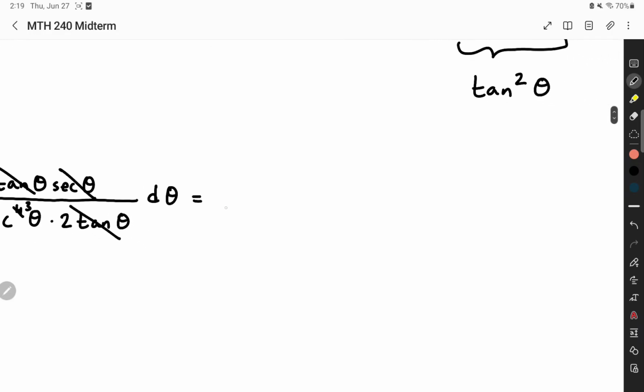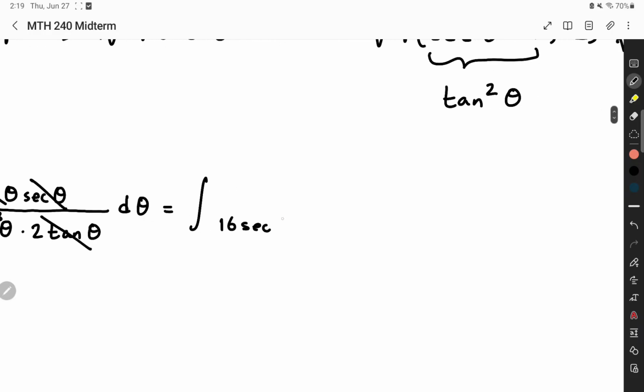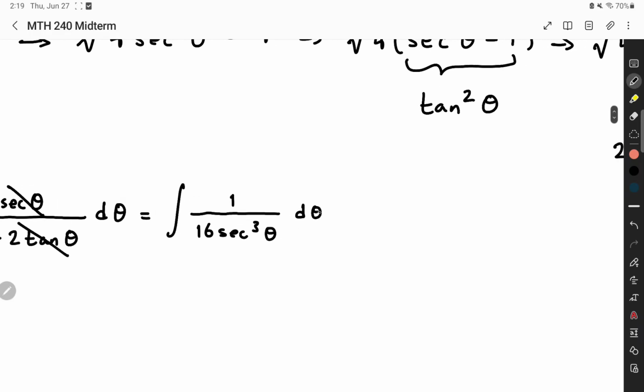So we can then rewrite it as 16 secant cubed theta over 1 d theta, just like so.